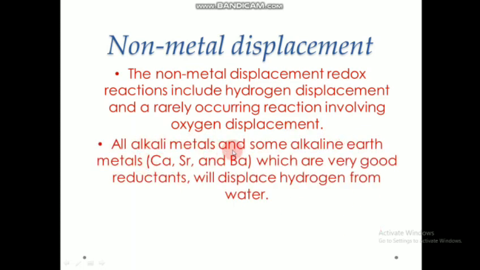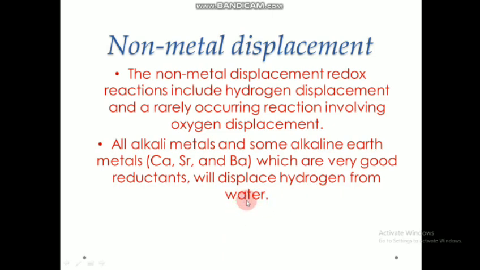All alkali metals and some alkaline earth metals, the first group elements and some of the second group elements like calcium, strontium, barium, etc., which are very good reductants, will displace hydrogen from water. Displacing hydrogen from water is not a very easy task.